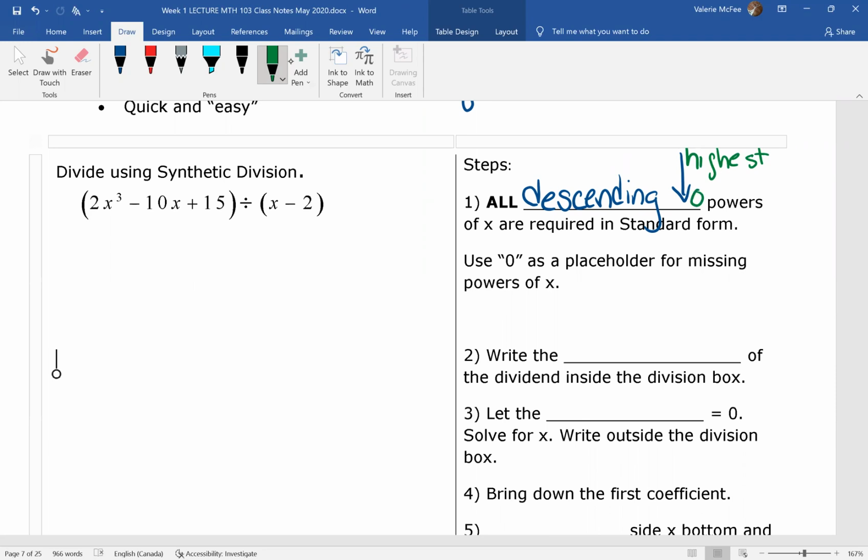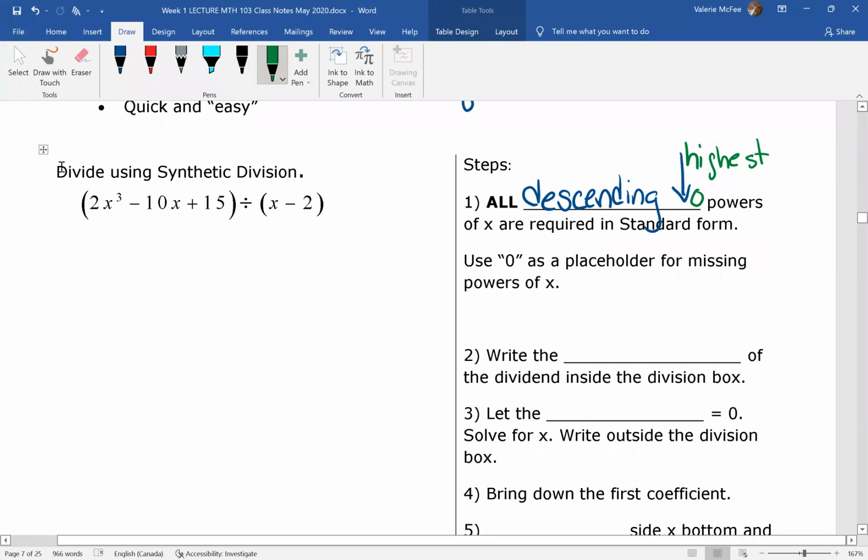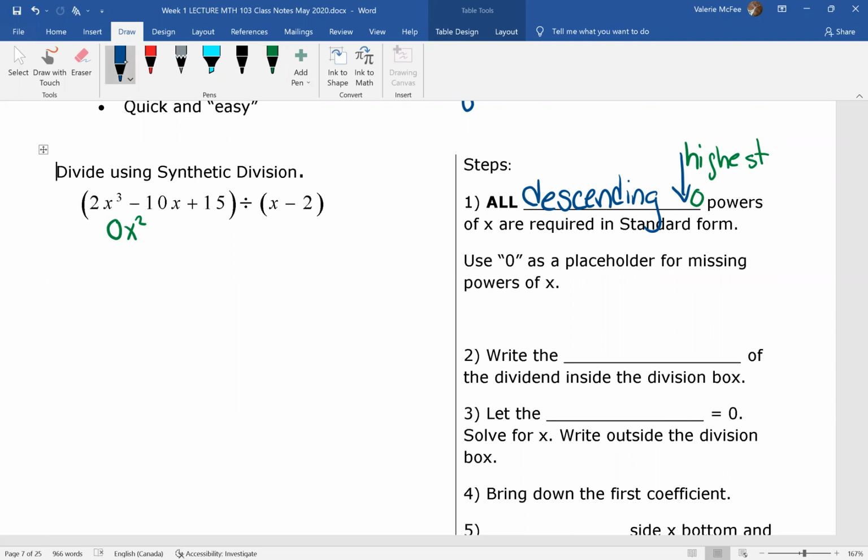Again, we're going to use 0 as our placeholder. So if we look at our question here, the same question we did using polynomial long division, we see that we're missing x squared. So we're going to say there are 0x squareds. And now we're going to write only the coefficients inside the division box.